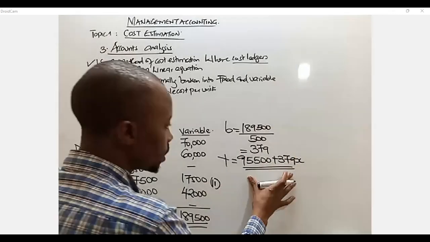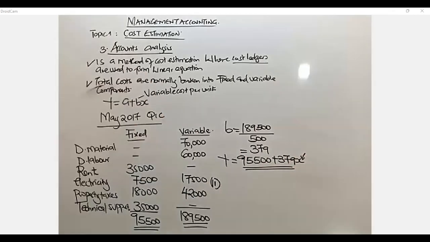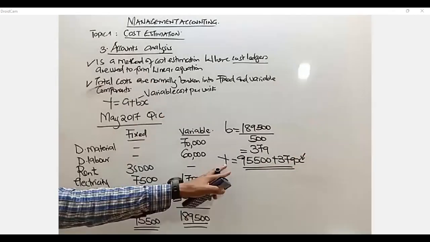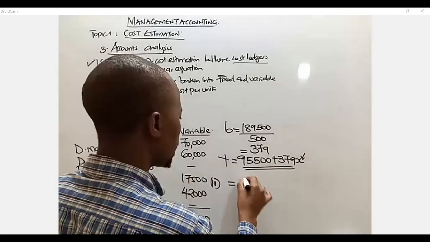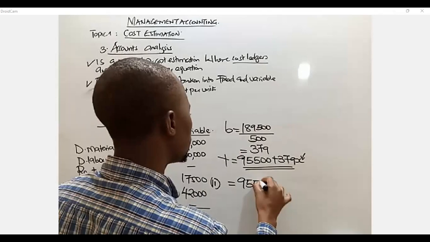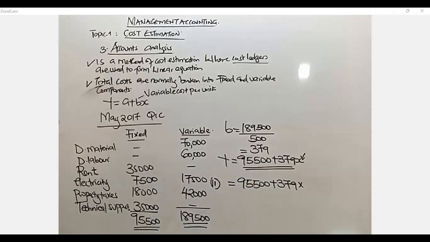I'm going to be using this equation, and very well I understand that the examiner has already given me my x. He's asking me, what is the total cost here? So in this case, I just need to take this equation: 95,500 plus 379 times 700.